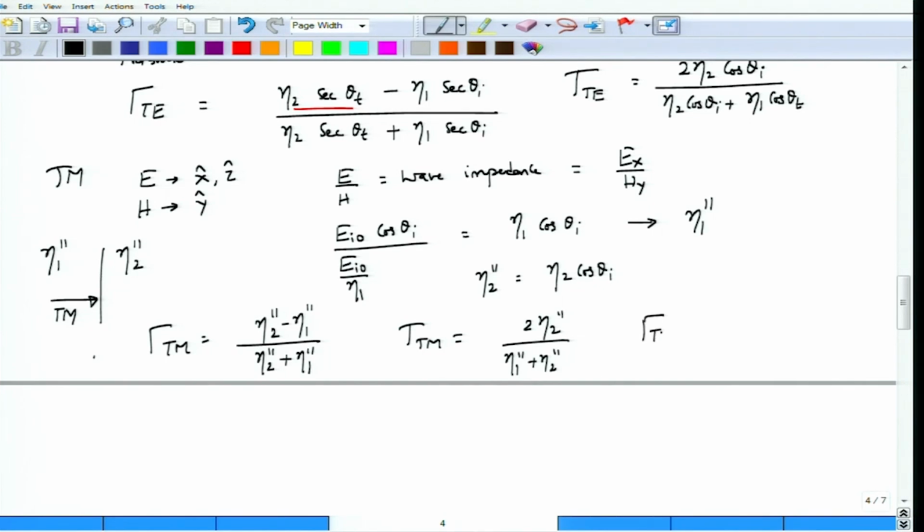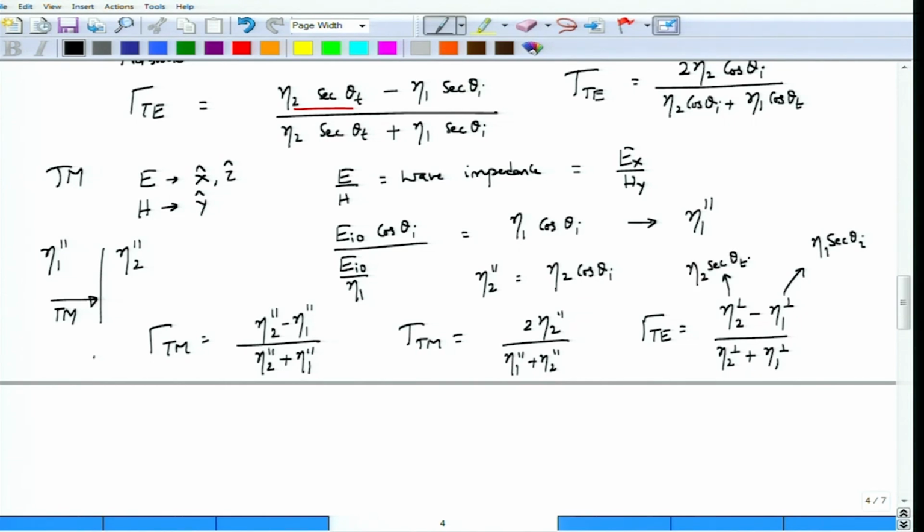You can also write down the expression for gamma Te, which happens to be eta 2 perpendicular minus eta 1 perpendicular divided by eta 2 perpendicular plus eta 1 perpendicular, where eta 1 perpendicular is eta 1 secant theta i and eta 2 perpendicular is eta 2 secant theta t.